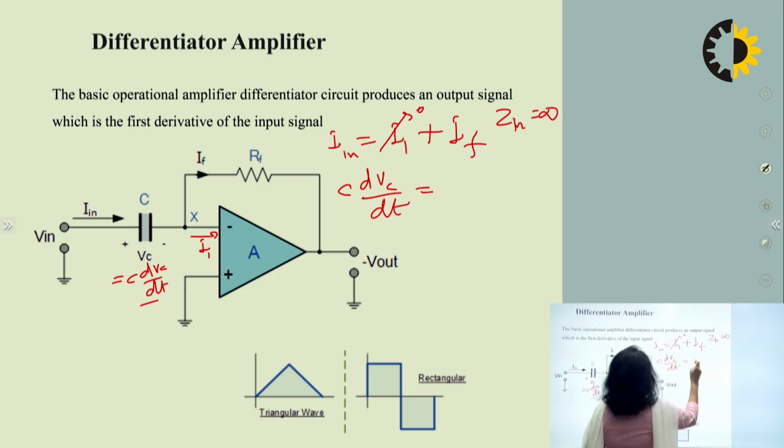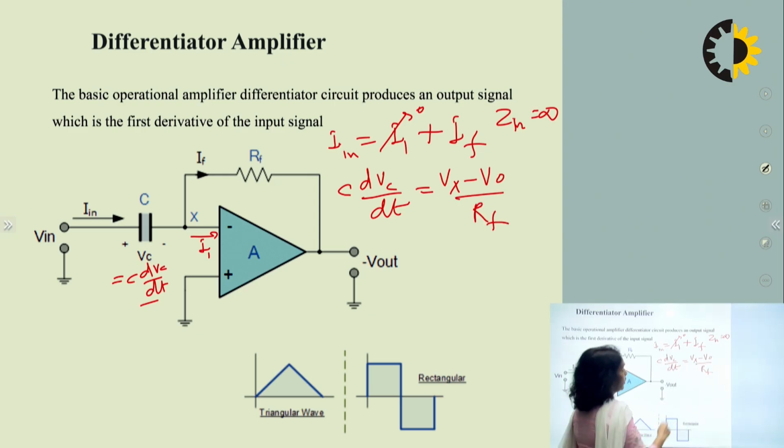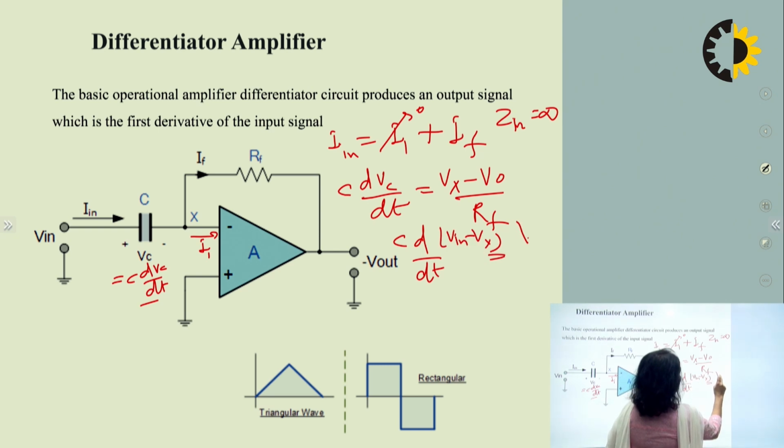And IF will be equal to Vx minus V naught by RF. Instead of Vc we can write d by dt of V input minus Vx, so this equals Vx minus V naught by RF.